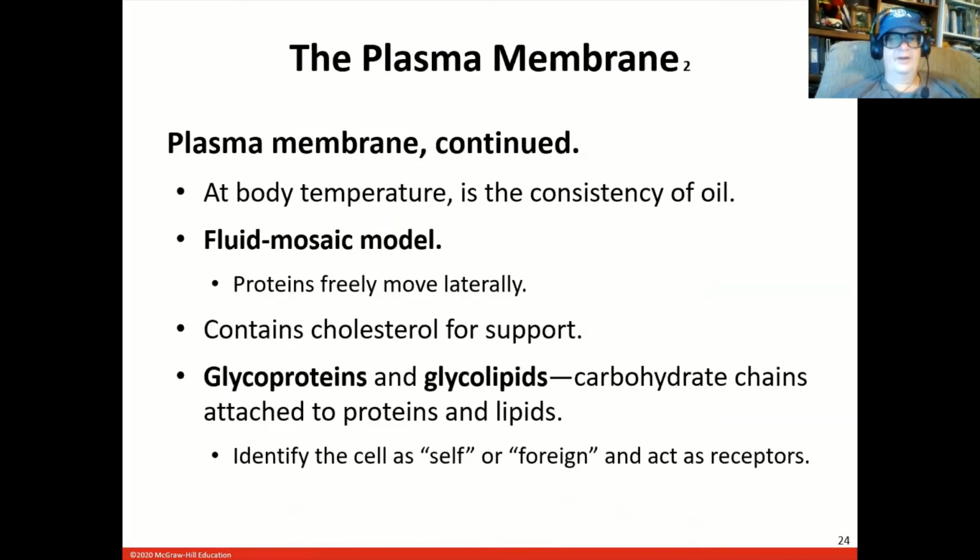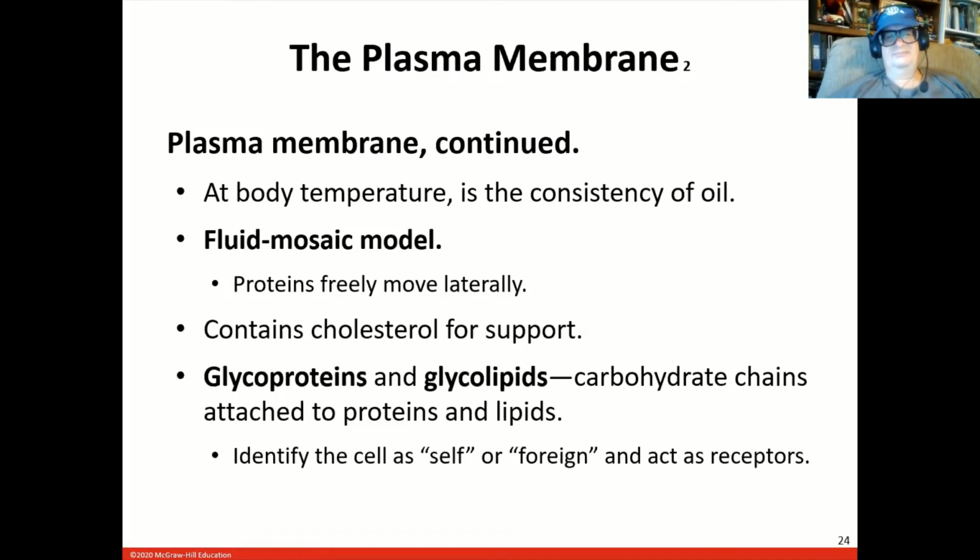All right, so moving back, the plasma membrane is made of all these phospholipids. They say the consistency of an oil at body temperature. That actually depends on how many kinks you have in the fatty acids that make up the tails.